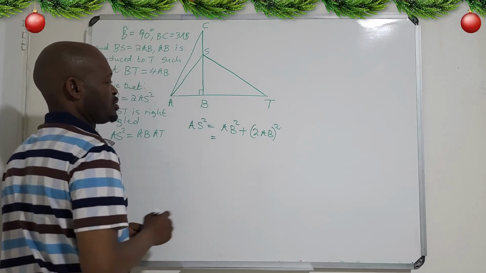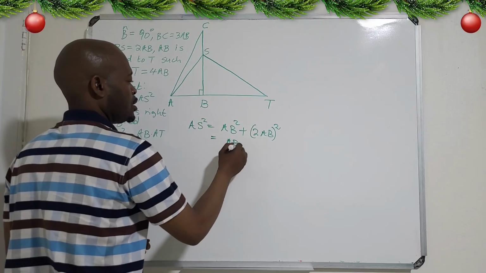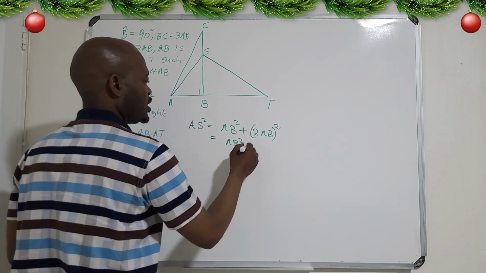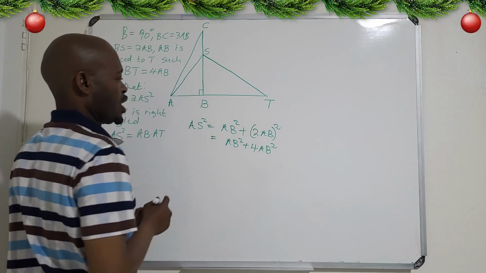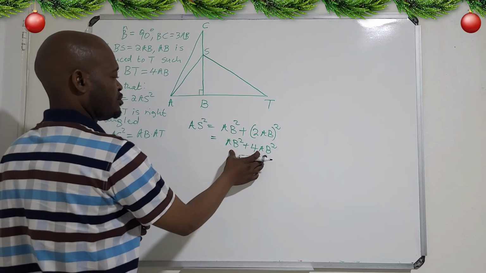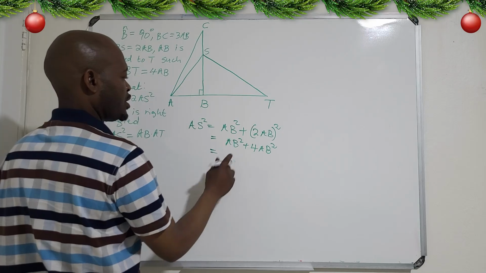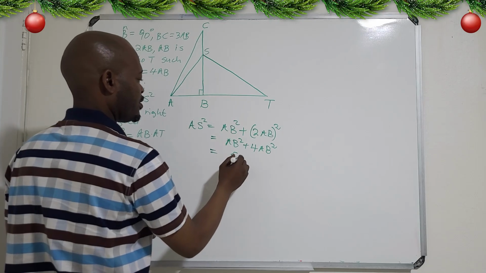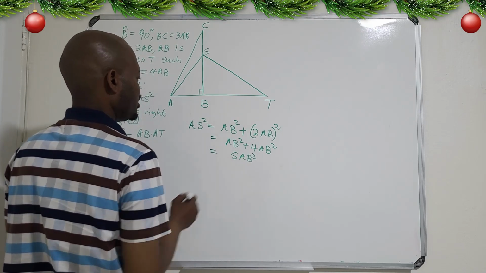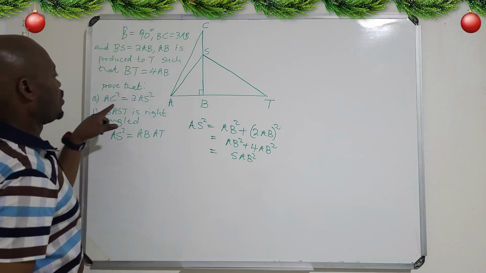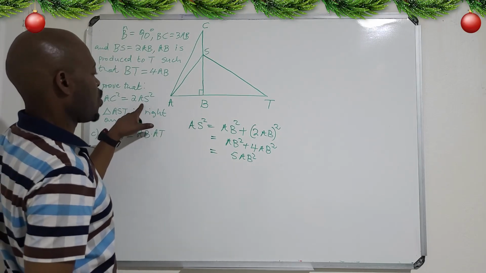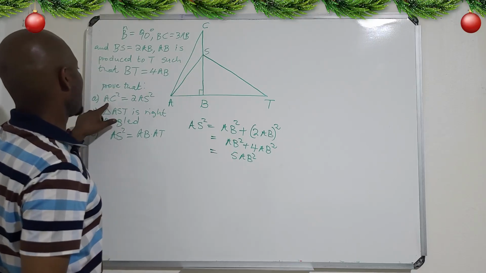Now, this becomes AB squared plus 4AB squared. These are like terms. We can add them: 5AB squared, which is your AS squared.